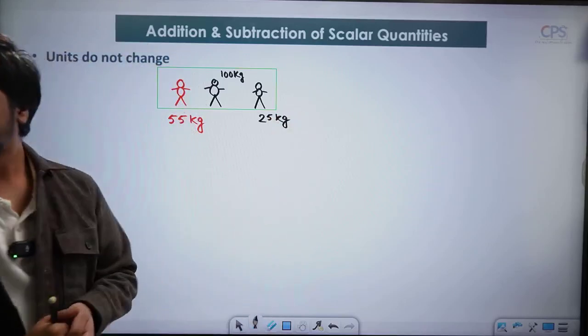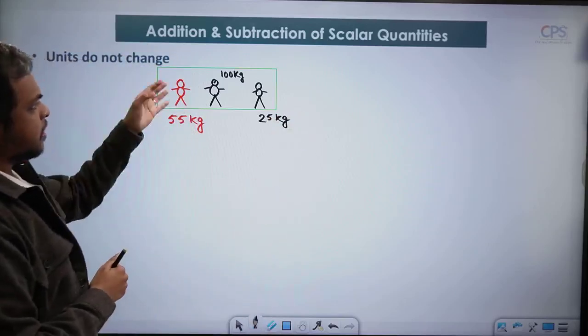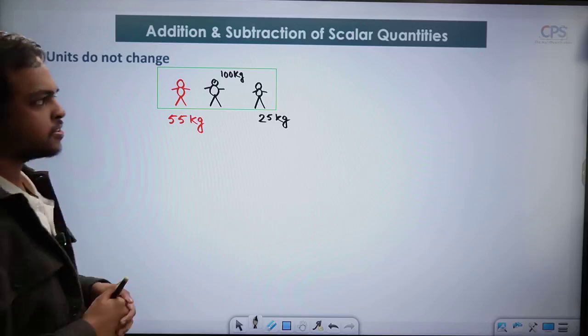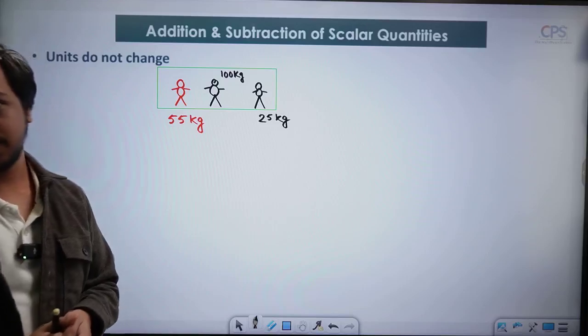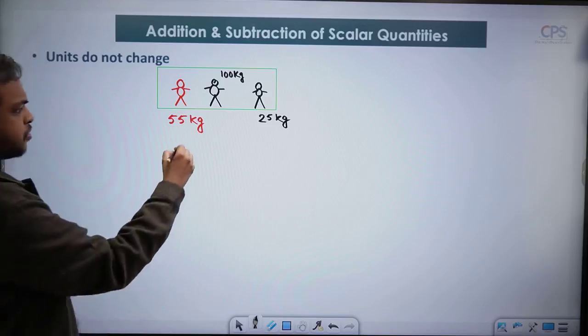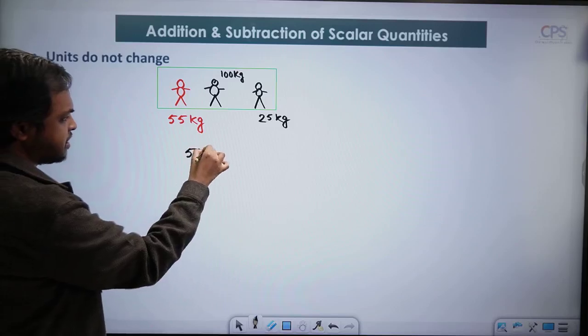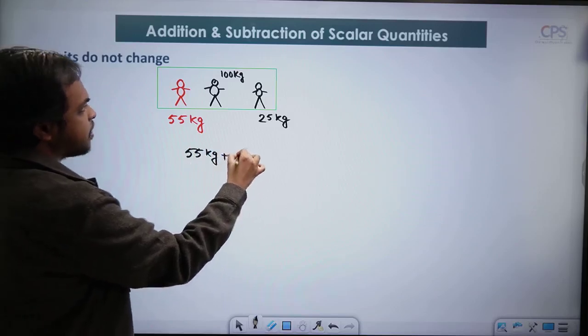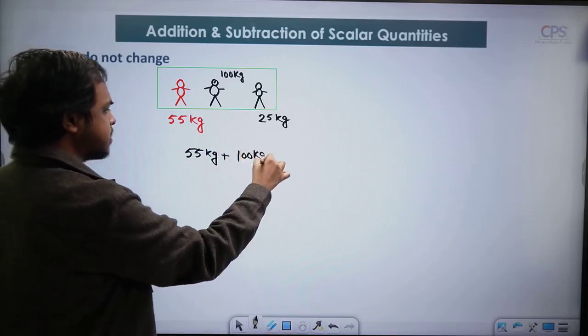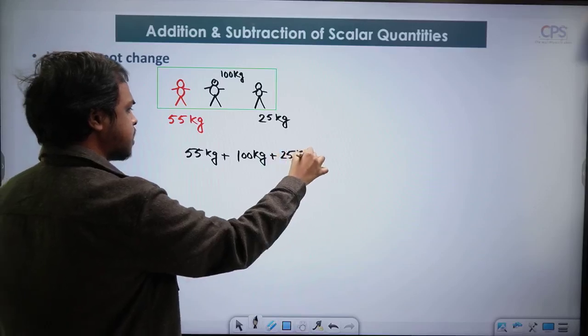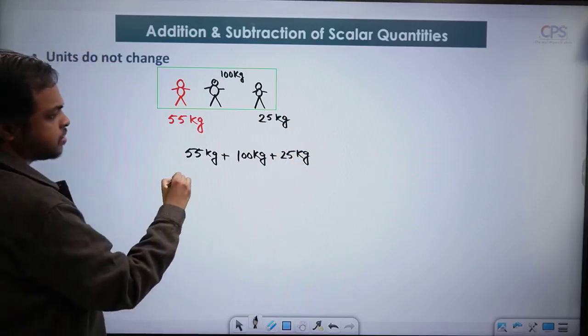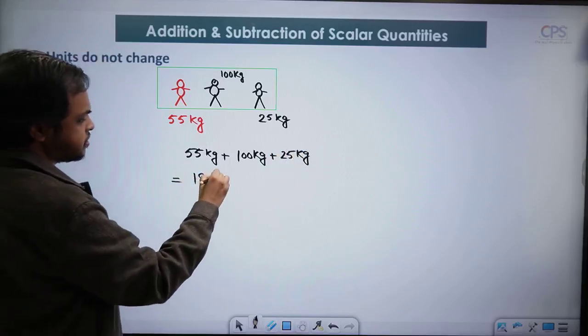Now for the system inside the lift, if I ask what's the total weight, you will just say the total weight is 55 kgs plus 100 kgs plus 25 kgs, and it will calculate to 180 kgs.